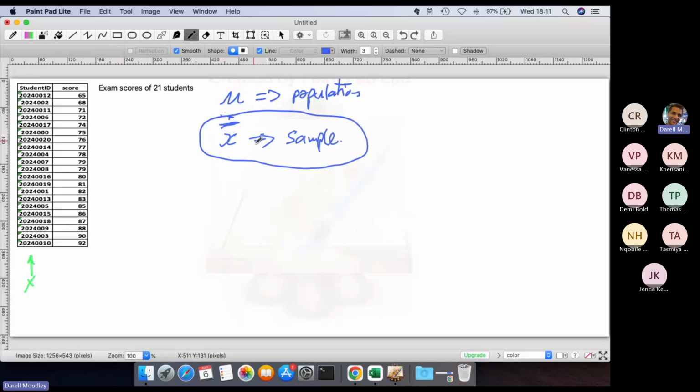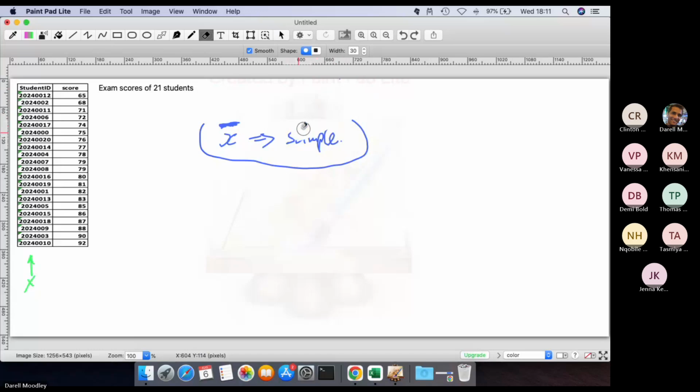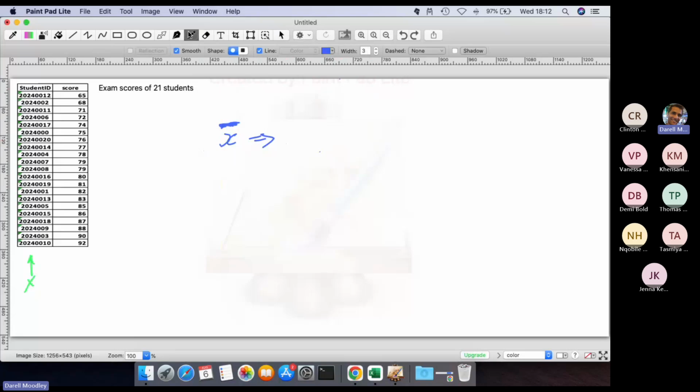We are generally working with a sample, right? So when you're working with your calculator, you're going to use x bar to get you the mean, instead of mu. Okay, so it's very important that you understand that x bar represents the average for the sample, all right? So your x bar, that is your average.